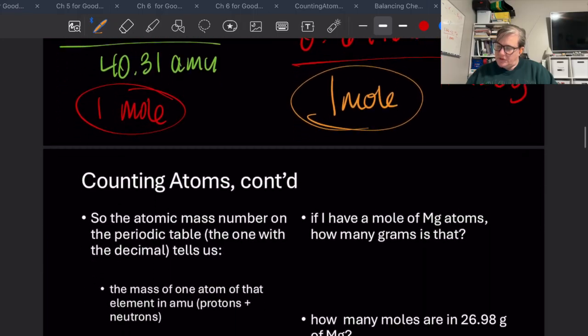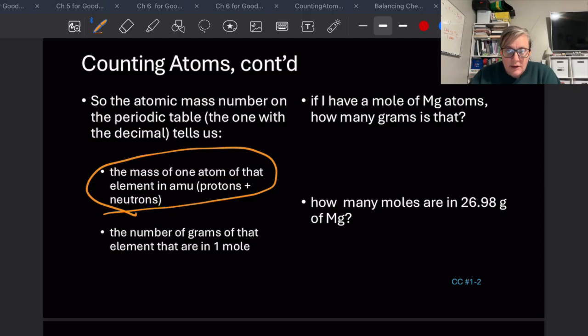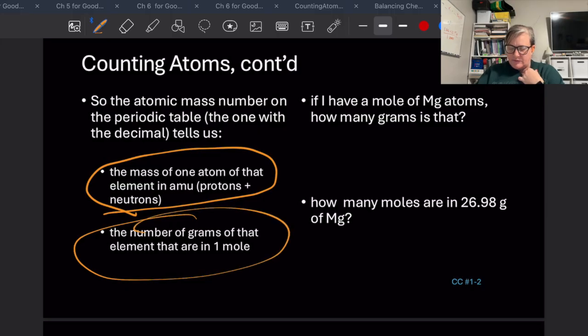And remember, we talked about the atomic mass or the mass number on the periodic table, which is that one on the bottom. It can tell us two things. It can tell us the mass of one atom of that element in AMU. Remember, that's atomic mass units. Or it can also tell us the number of grams of that element that are in 1 mole.